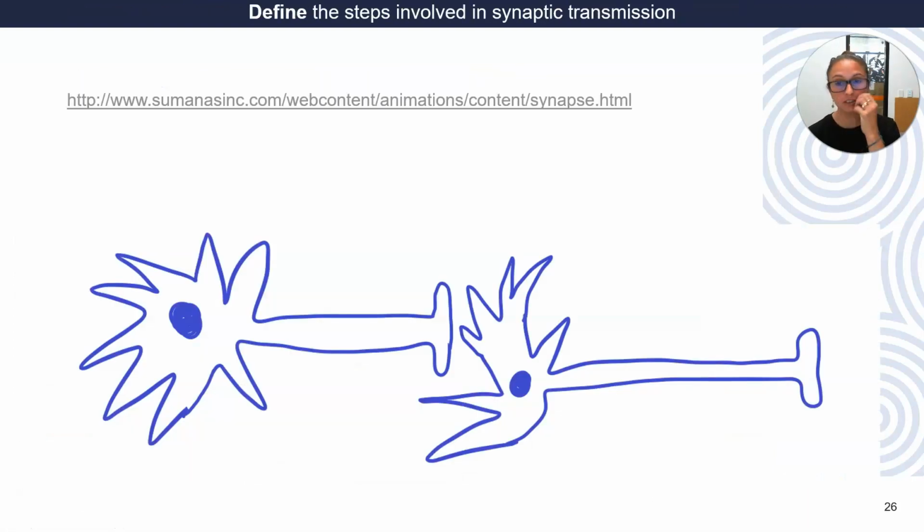Okay, so what we want to do now is think about what happens when the action potential travels down the axon. What happens when we reach the end? How do we get this axon or this neuron to communicate with this one? This is what happens here, and it's called synaptic transmission.